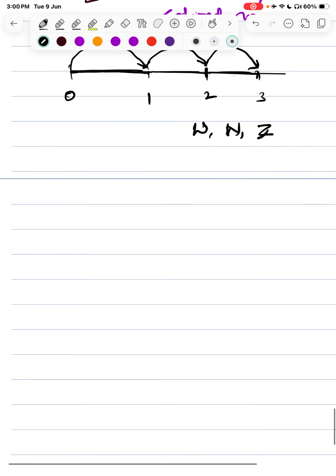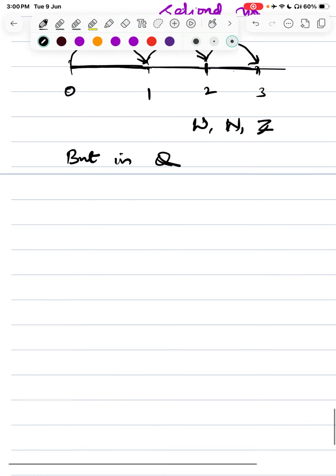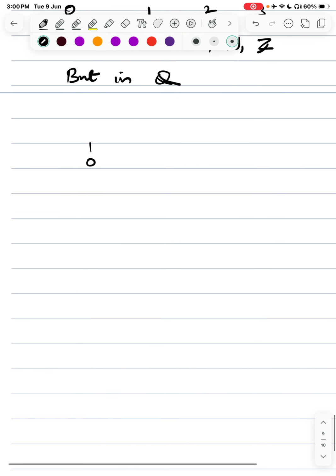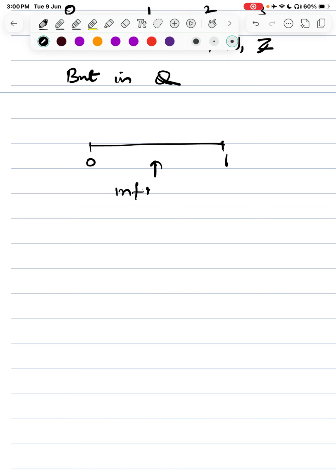But this is the first distinction. In rational numbers, between 0 and 1, you can have infinite rational numbers. You can identify infinite rational numbers between these two rational numbers, right?